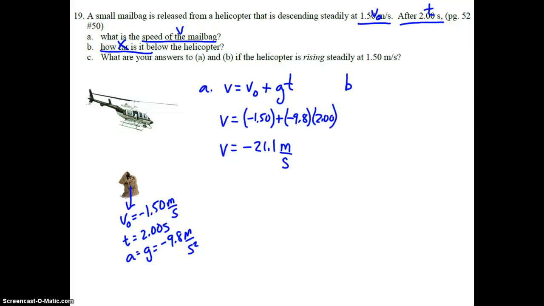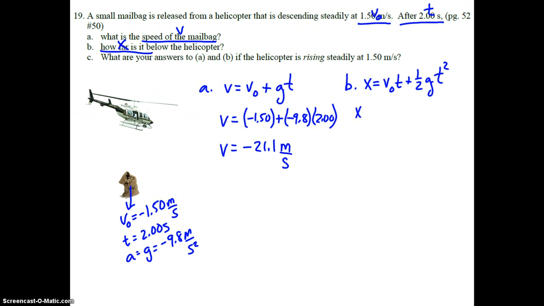For B, how far is it below the helicopter? Well, we're looking for x. We know its initial velocity, time, and acceleration. We go to the reference table. Looks like a good choice would be x equals v0 t plus 1/2 a t squared. Again, changing the a to a g.